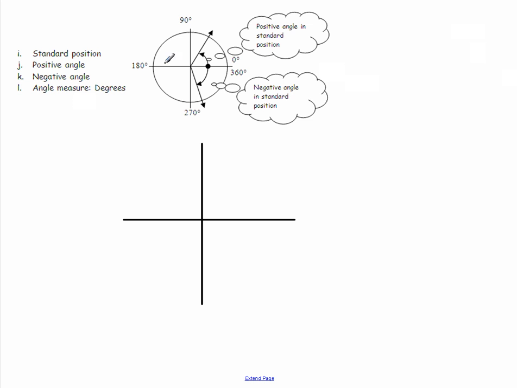An angle in standard position is an angle that has its vertex at the origin. So it's very specific. It's an angle that has a vertex at the origin and has initial side along the positive x-axis. So our initial side is always along that positive x-axis.